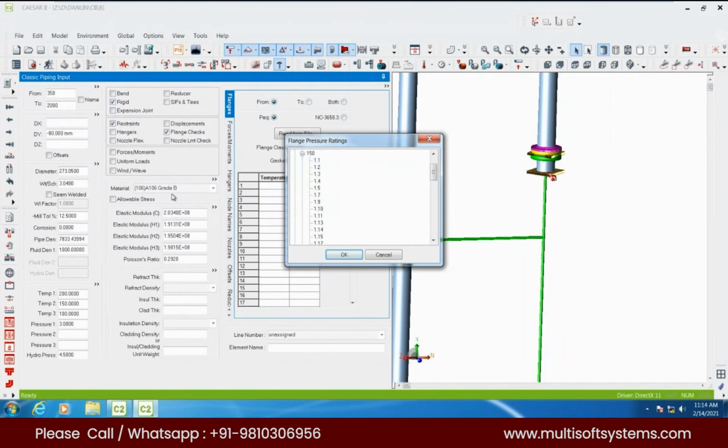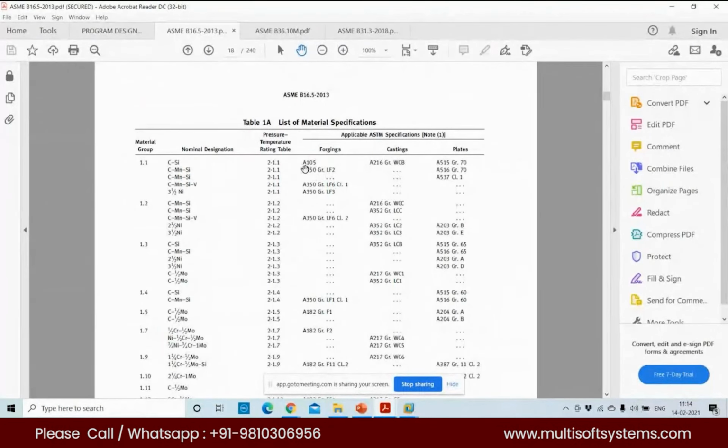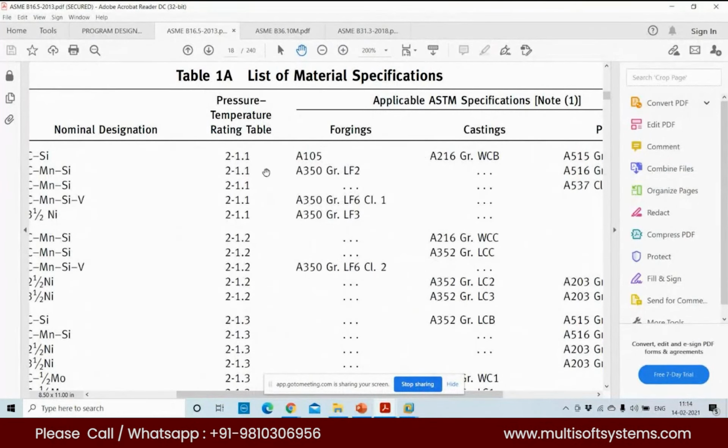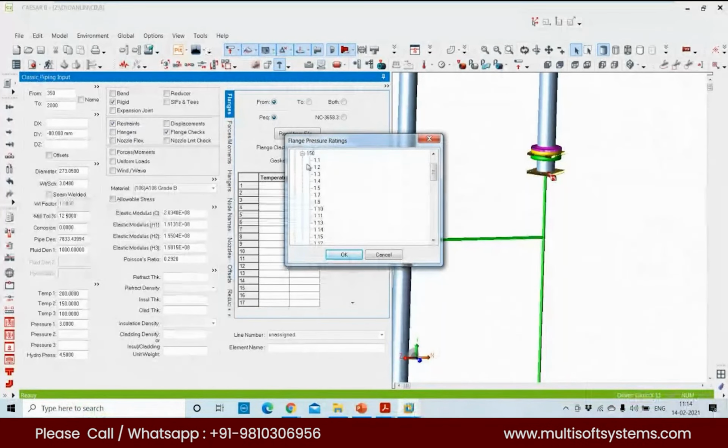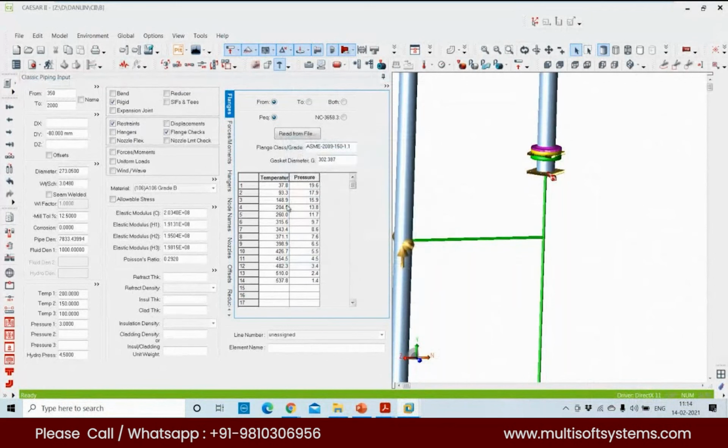For A106 Grade B, I mentioned A105 material, which is in group 1.1. If you know this grouping, then only we can do the pressure equivalent method. If we select this 1.1 group, then the temperature and pressure details will come in this user.